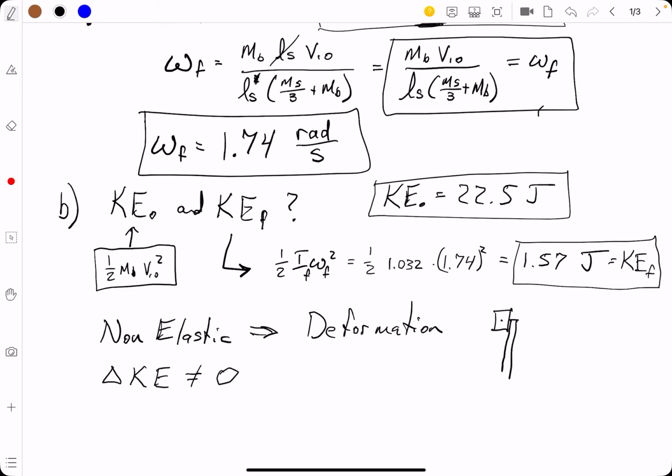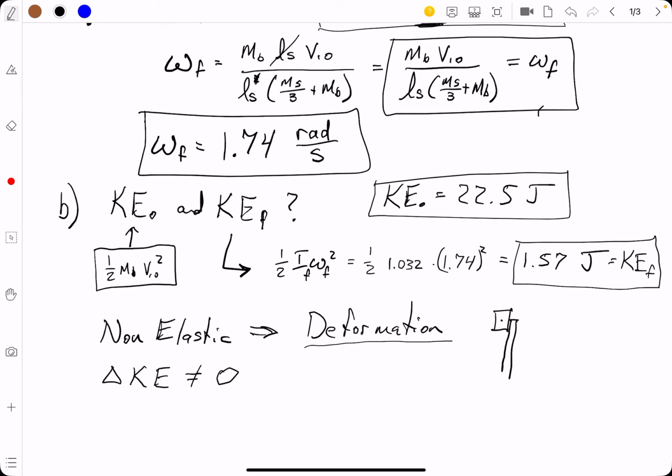Delta KE only equals 0 in an elastic, perfectly elastic situation. So deformation of the car when it hits the tree, deformation of the Velcro when these two things stick together, or maybe it was putty or something that gloms on.